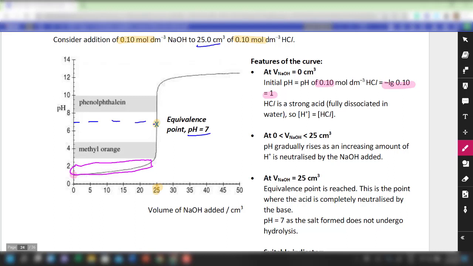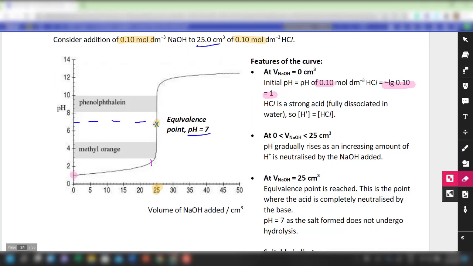You can easily verify it for yourself. Even if I have, let's say, 0.001 moles of H+ remaining in the solution of, let's say, 49 cubic centimeters, the pH will still be quite substantial. That explains why initially it doesn't change much.